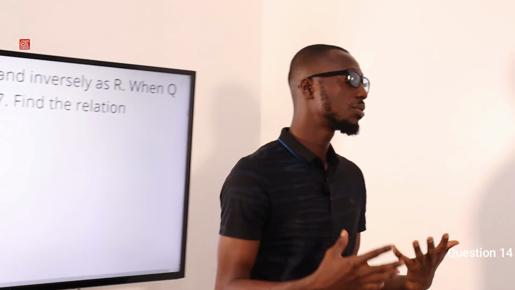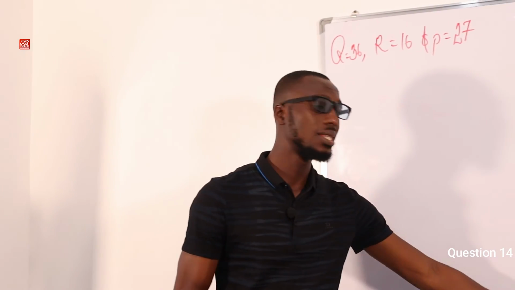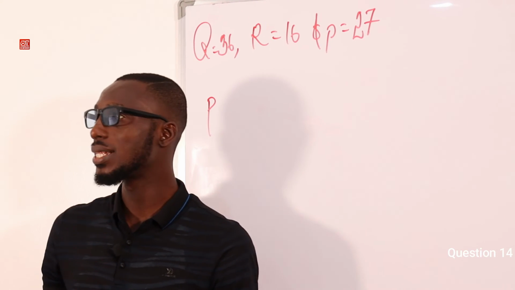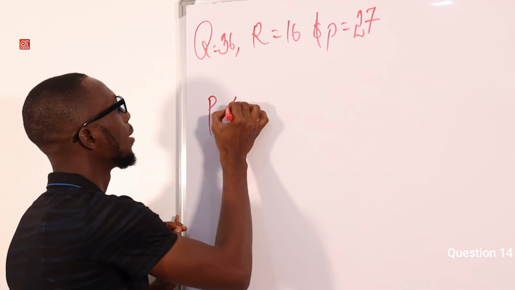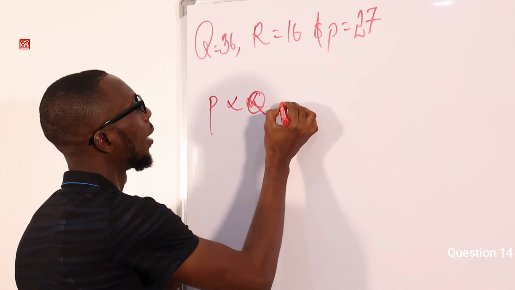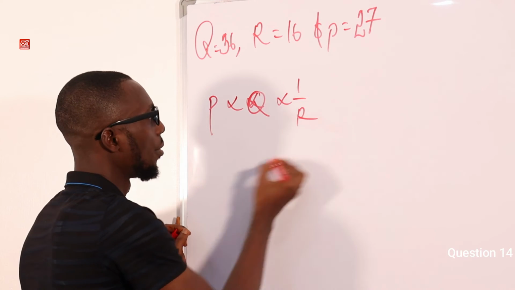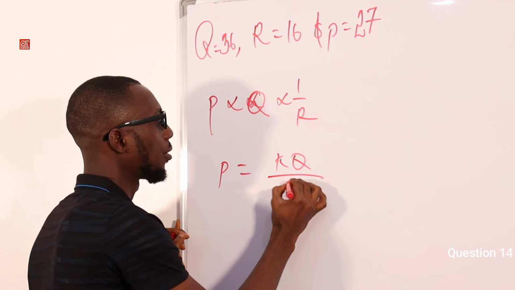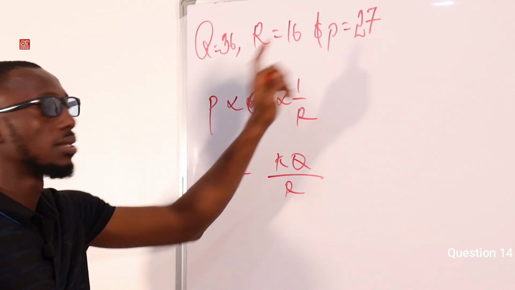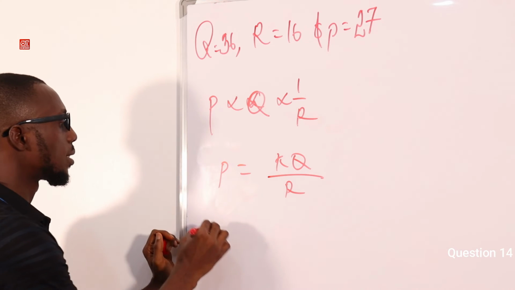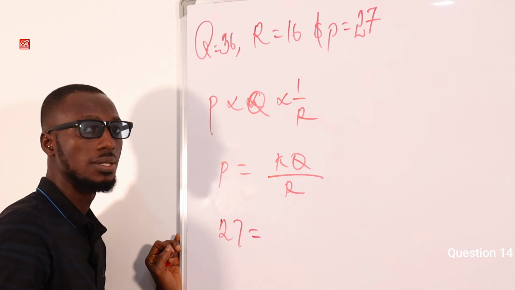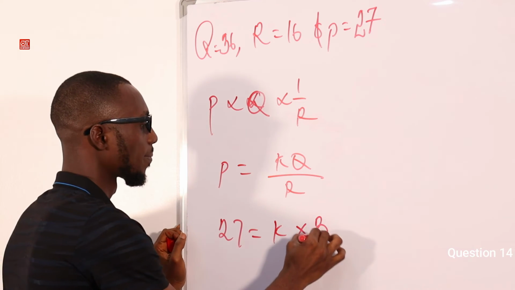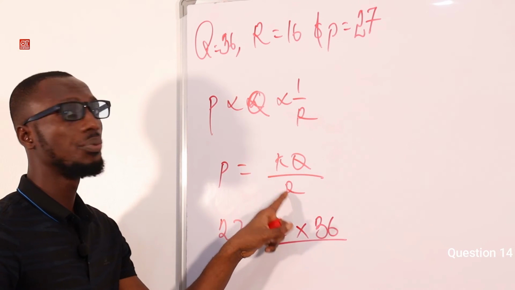All you just need to do is to first pull out the equation for these three variables. We are told P varies directly as Q and inversely as R. So what I'm going to have is KQ times 1 over R, or KQ over R. So we are given P as 27 equals K times Q, which is 36, over R, which is 16.